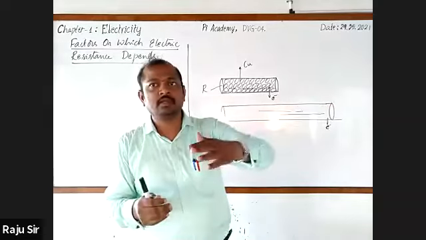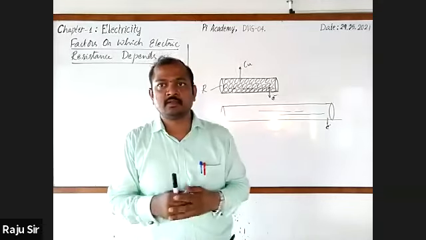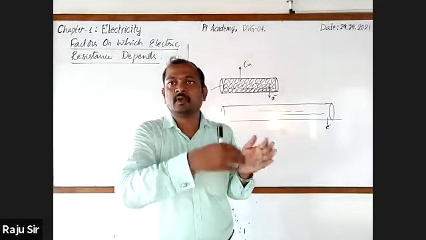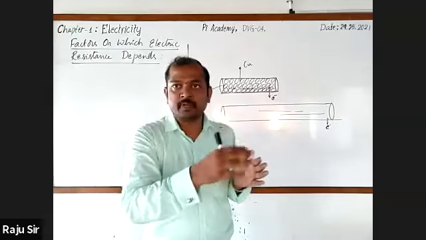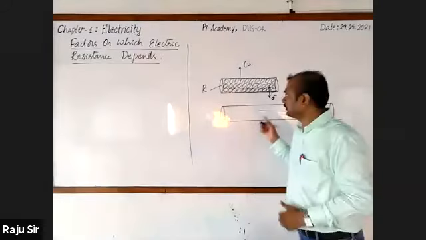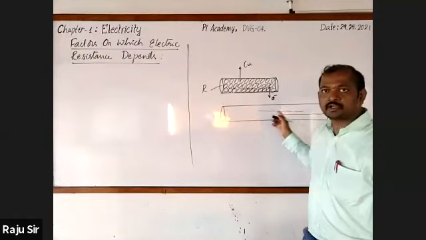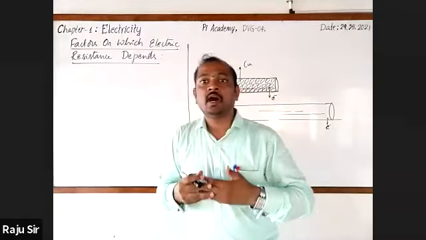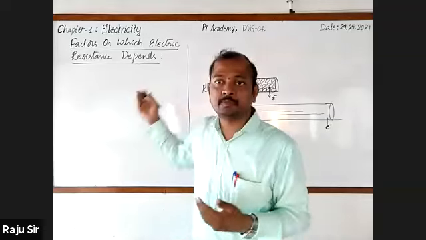As you go on increasing the distance, will the same number of speed breakers be there, or will there be more? More, sir. Similarly, when the electrons are traveling for a longer distance, they often get opposition from the atoms.